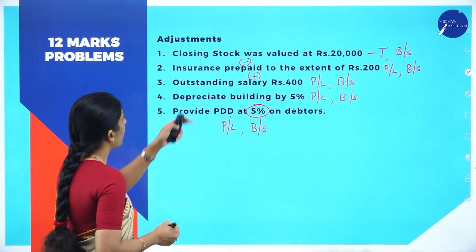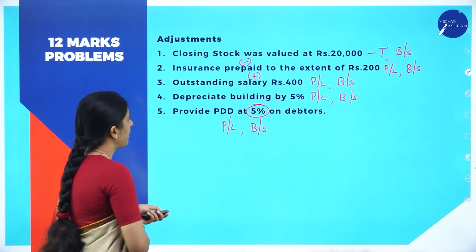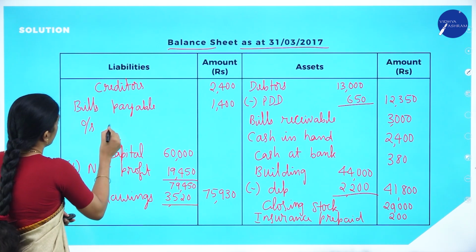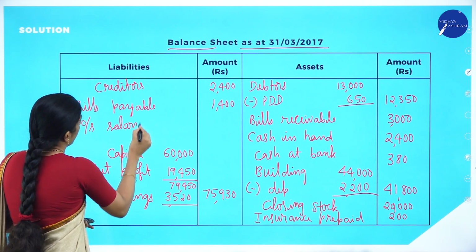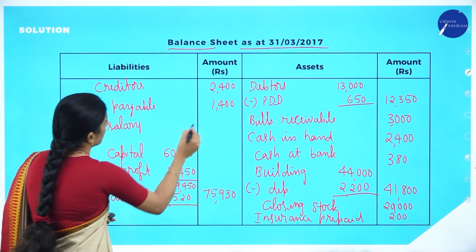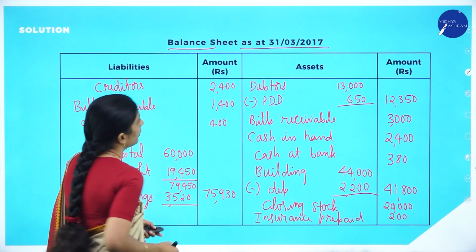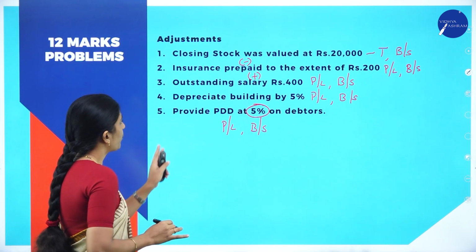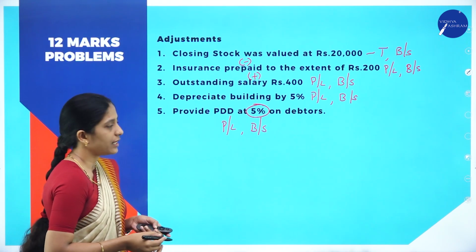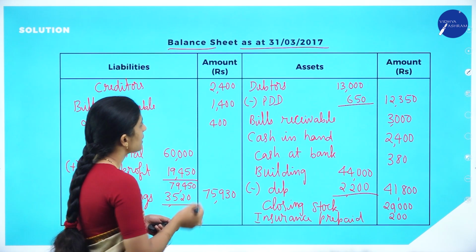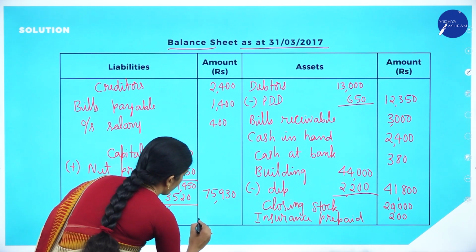Next, outstanding salary 400. It's a liability. Then we have depreciation done. Provide PDD at 5% on debtors. That also we have taken in the balance sheet. So minus PDD.